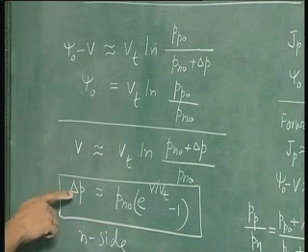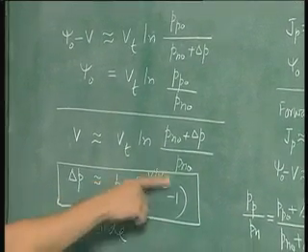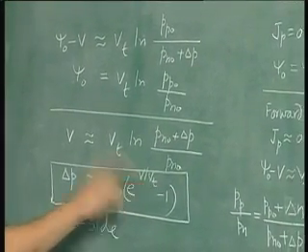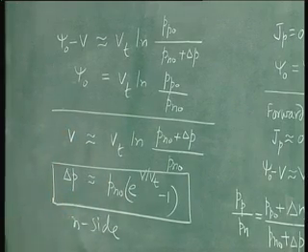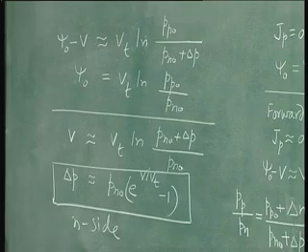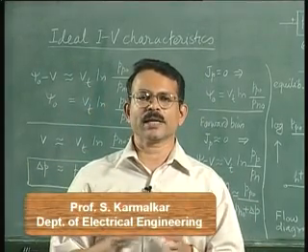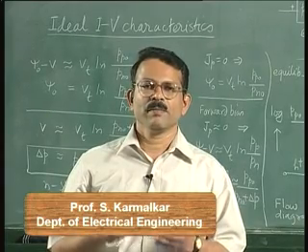that is excess minority carrier concentration on the n side increases exponentially with respect to voltage, and in fact as we will see, it is this exponential increase of the concentration that is responsible for the exponential nature of the current voltage characteristics. You know that current is proportional to the excess carrier concentration.